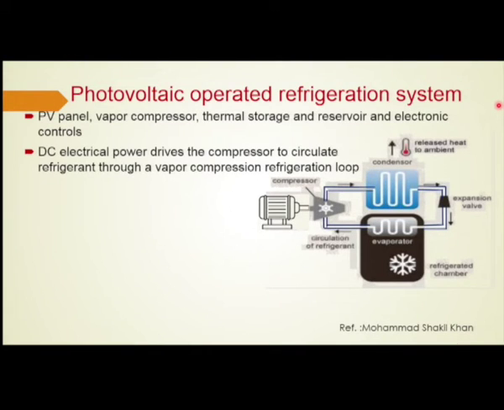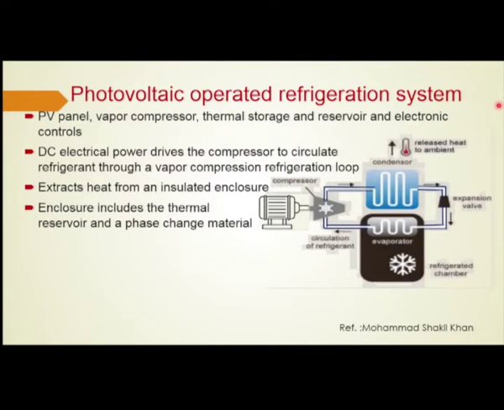The DC electrical power drives the compressor to circulate the refrigerant through a vapor compression refrigeration loop. It extracts heat from the insulated enclosure. The enclosure includes a thermal reservoir and a phase change material.